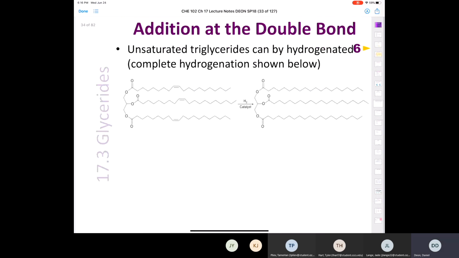Now, look at what happens here. It says here that unsaturated triglycerides can be hydrogenated, and this slide shows complete hydrogenation. So we take all three of those double bonds, and we convert all of them to single bonds. Notice that there's an error in this reaction in that they didn't balance out the equation. So let's do it.